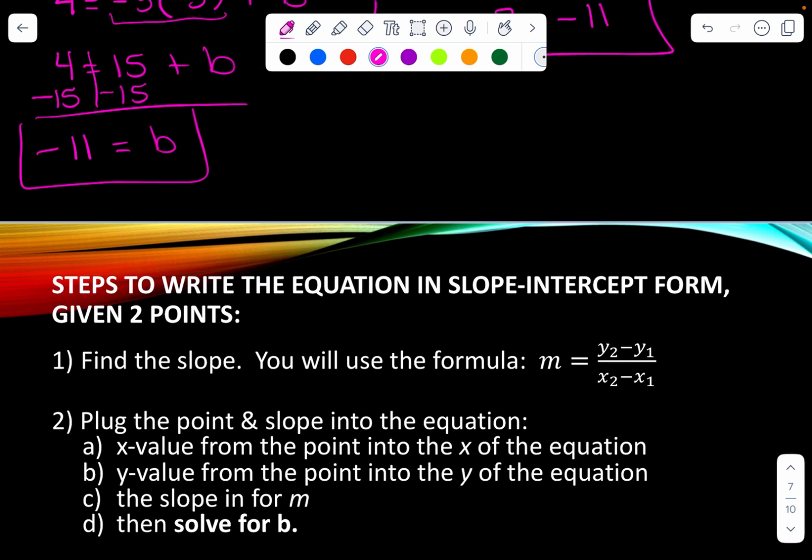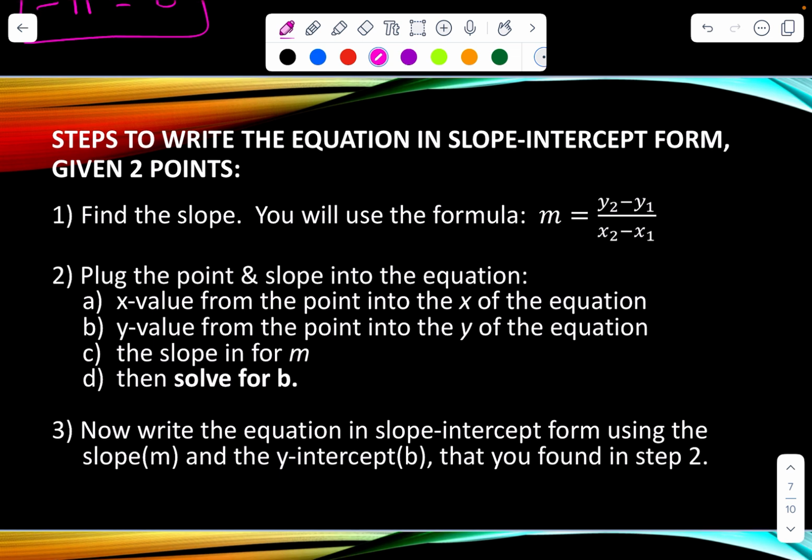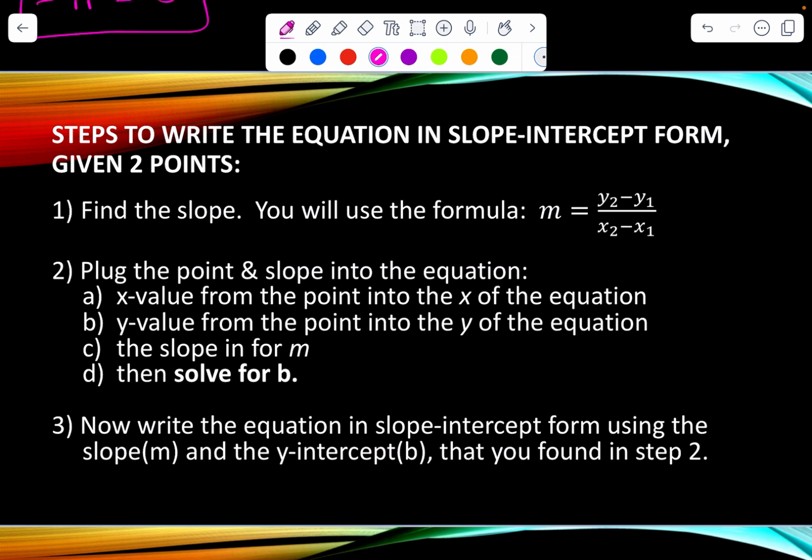All right, so now let's move on. What do we do if I want to write the equation in slope-intercept form and I'm given 2 points? So the first thing you're going to do is find the slope using our formula: y sub 2 minus y sub 1 over x sub 2 minus x sub 1.